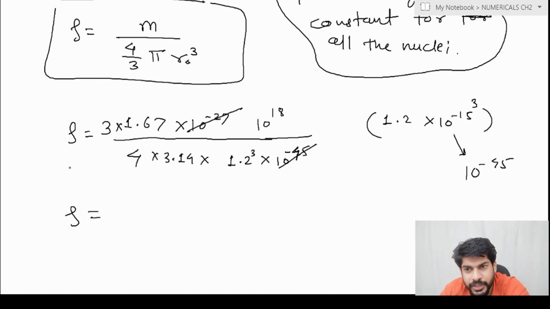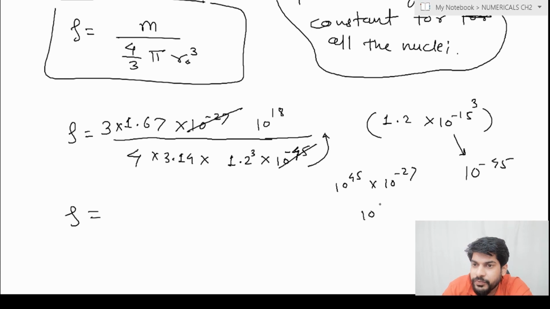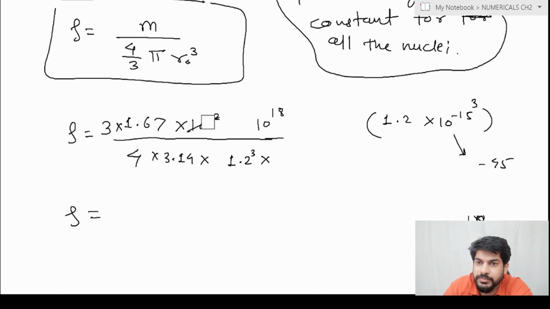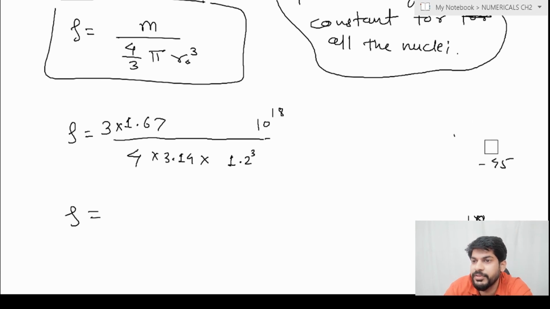You can check that, because when this term goes up, it would be 10 raised to 45 into 10 raised to minus 27 which is already there. So 10 raised to 45 minus 27 is nothing but 10 raised to 18. So this would be our answer. So all these terms are gone. Now we are just left with this part.